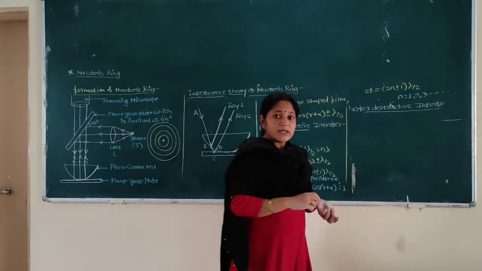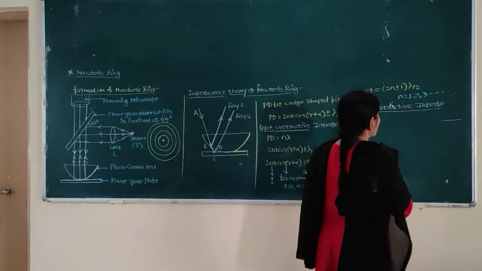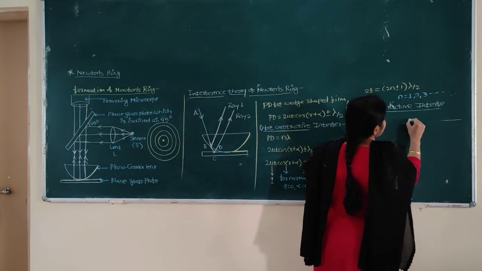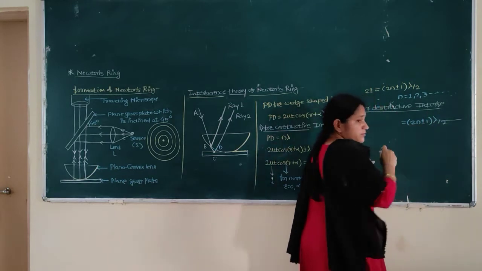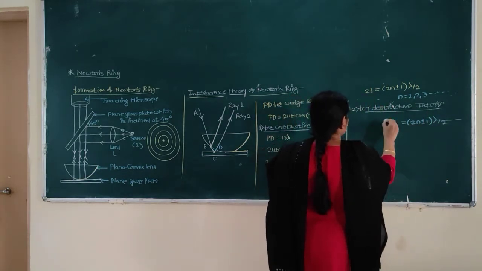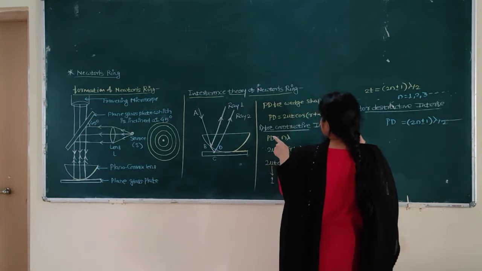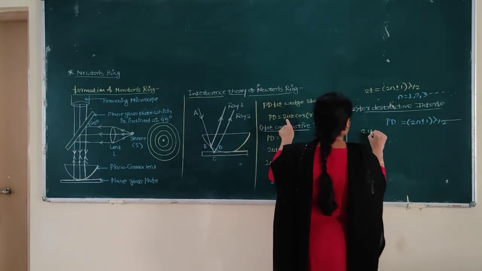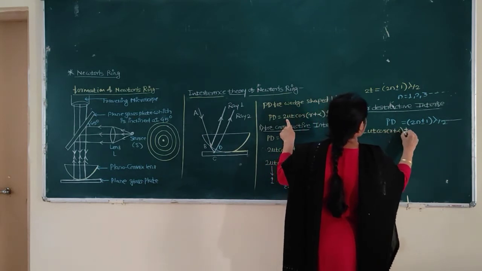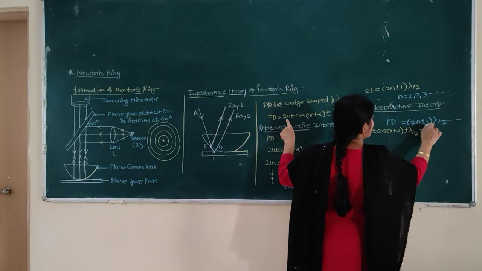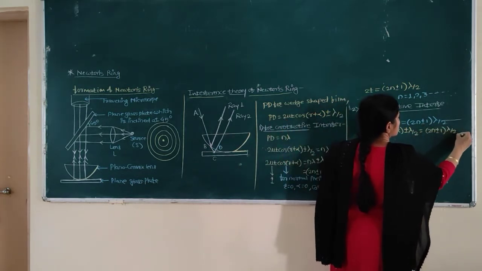Okay. Now again we know that the destructive interference takes place when path difference is equal to (2n ± 1) λ/2. So we can write the equation: path difference 2μt cos(r + α) ± λ/2 is equal to (2n ± 1) λ/2.